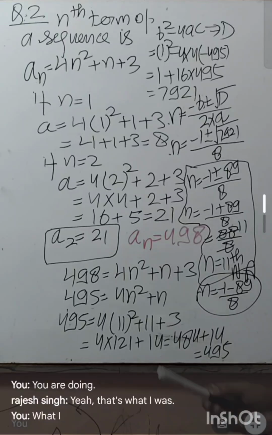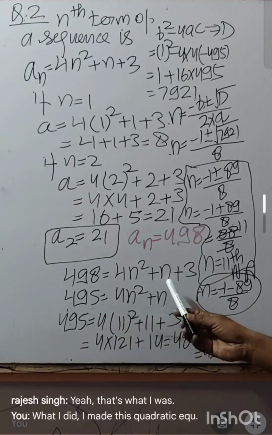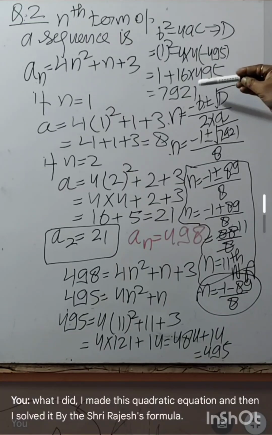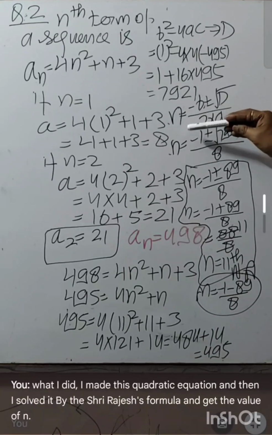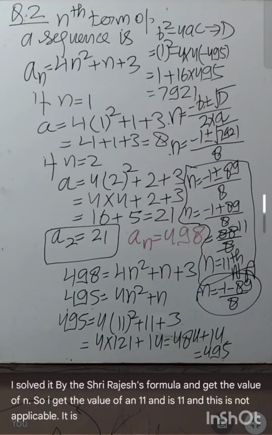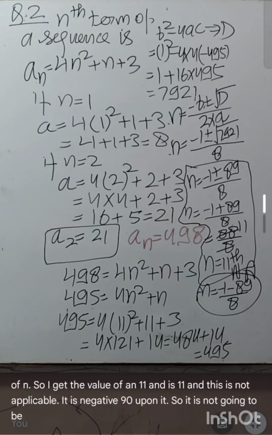What I did, I made this quadratic equation and then I solved it by Sridharacharya's formula and got the value of n. So I get the value of n 11, and the other is not applicable, it is negative 90 upon 8. So it is not going to be exactly divisible.